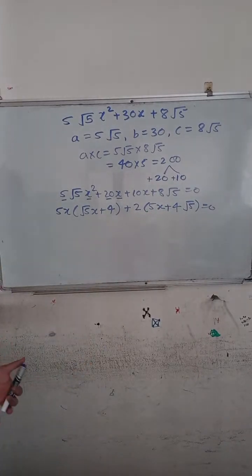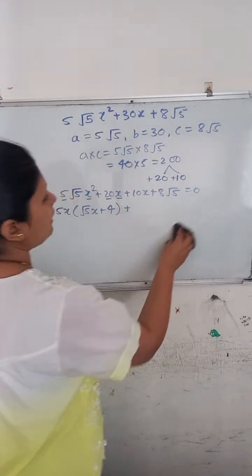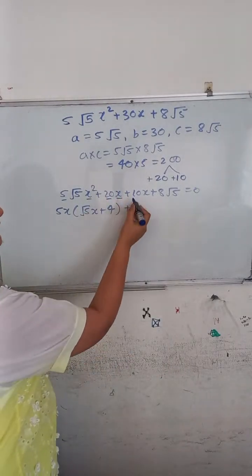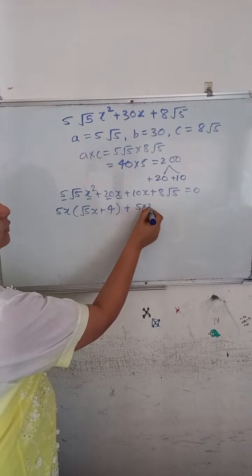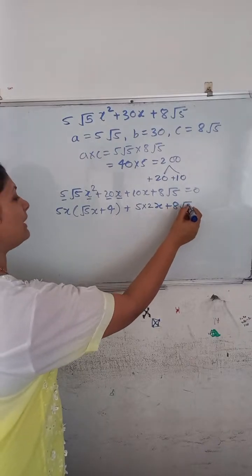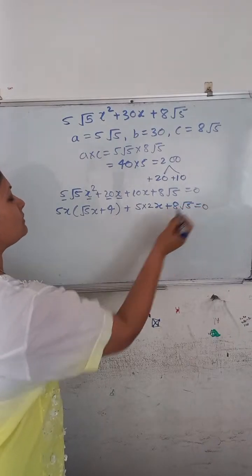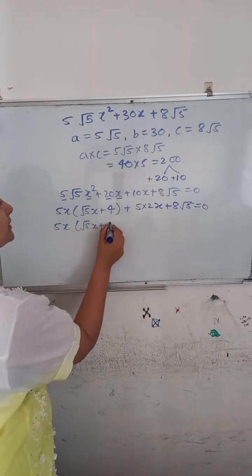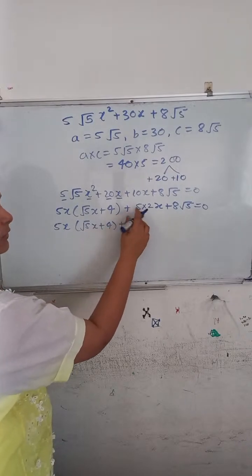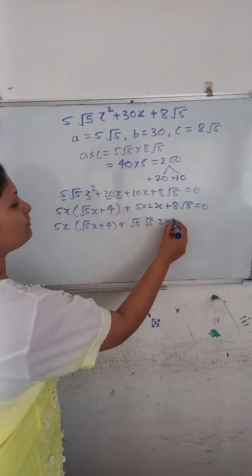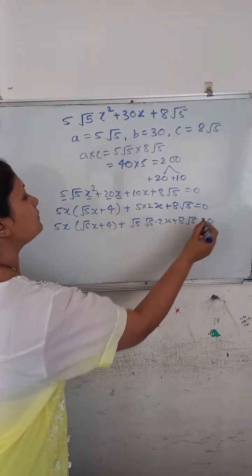So what can we do here? How can we solve this? 10 we can write as 5 into 2, correct? 5 into 2x plus 8 root 5 equal to 0. So I will give 5x and root 5x plus 4 plus this 5 I can write as root 5 into root 5 into 2x plus 8 root 5 equal to 0.